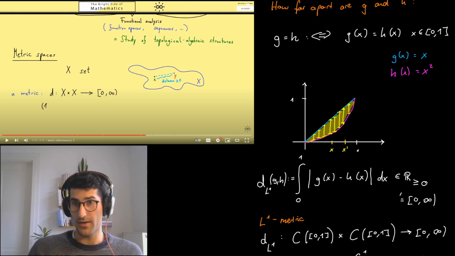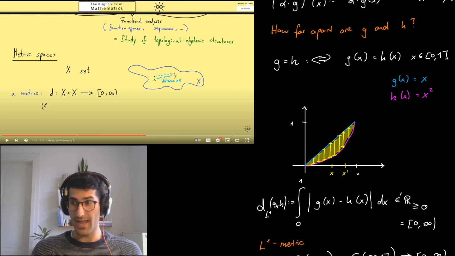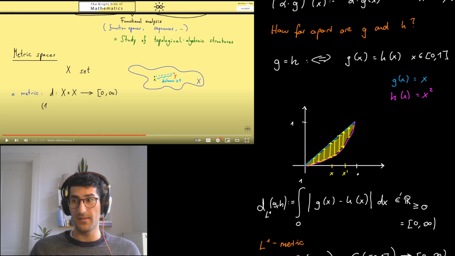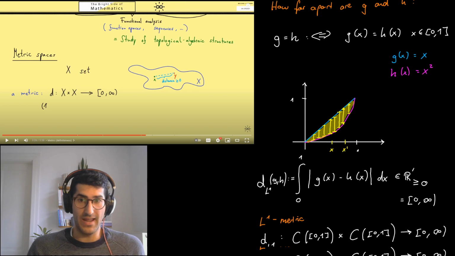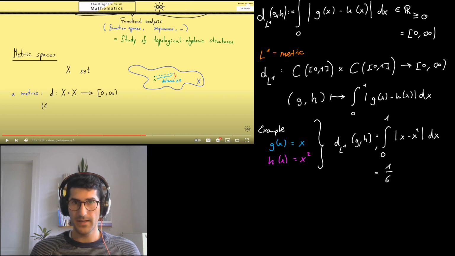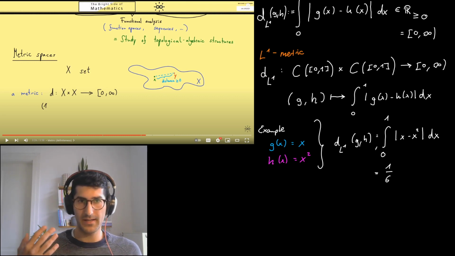So the answer to the question, how far apart are g and h? Well, it depends on the metric that we choose, but we could say in the L1 metric, the distance between g and h would be 1 over 6. You see maybe where I'm getting at.